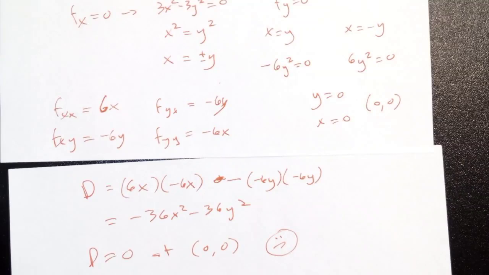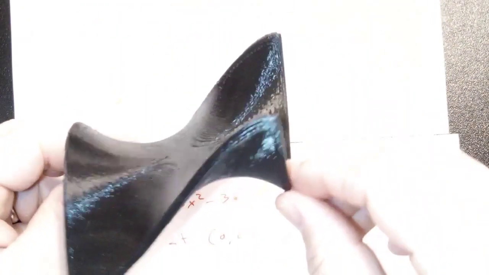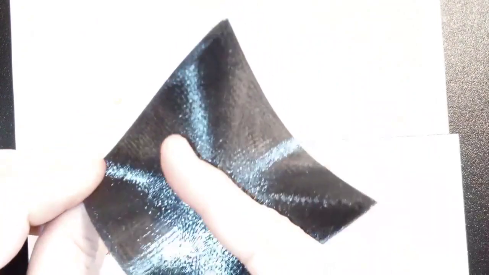This surface is twisted 3 ways, not 2. I printed this one. This is our surface. X-axis, y-axis. Notice the problem.